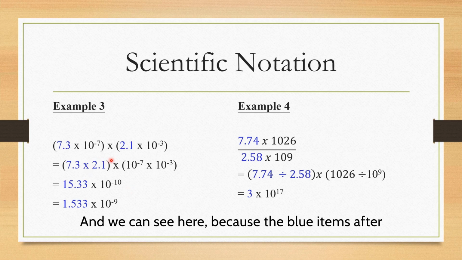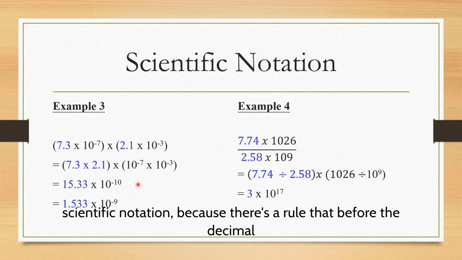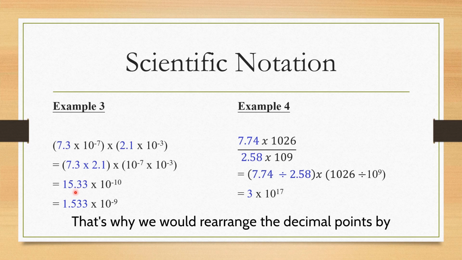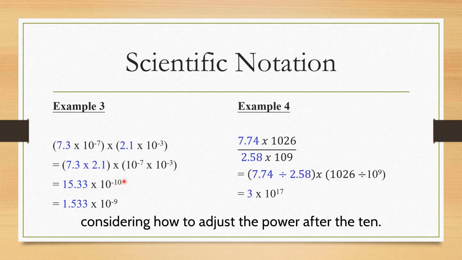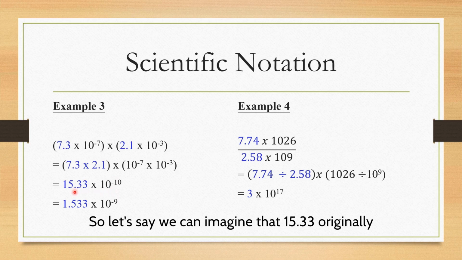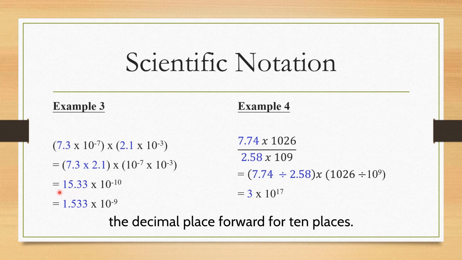And we can see here, because the blue items, after multiplication, give rise to 15.33, which is not accurately scientific notation, because there's a rule that before the decimal point we should have only one digit. That's why we rearrange the decimal points by considering how to adjust the power of 10. We can imagine that 15.33 with minus 10 power means we need to move the decimal place forward 10 places.